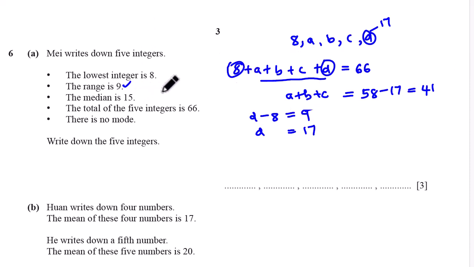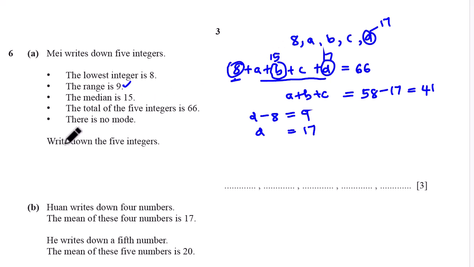Median is the number in the middle when you arrange your 5 integers from the lowest to the highest. We've been told that this is the lowest, which is 8, and the highest is 17 from what we got here. The median is obviously B, and we are told that this value is 15.